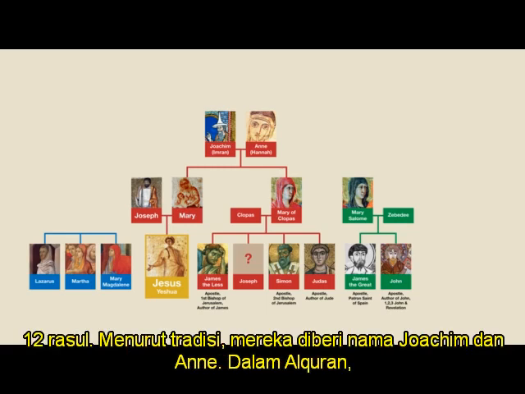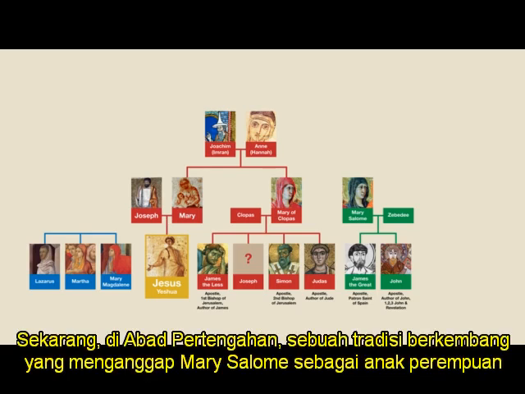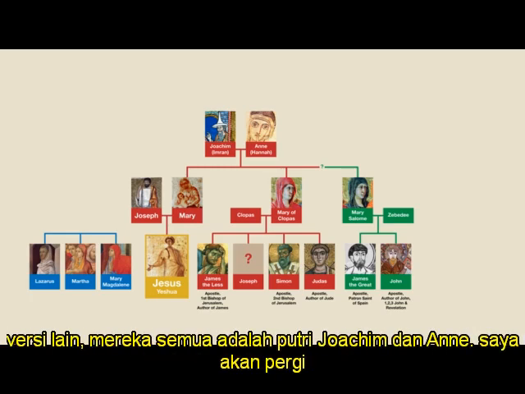In the Quran, Joachim is called Imran, and although Anne is not named, the Semitic version of her name would be Hannah. Now, in the Middle Ages, a tradition developed that considered Mary Salome to be the daughter of Anne as well. In some versions, the three Marys had three different fathers, but in other versions, they were all the daughters of Joachim and Anne.